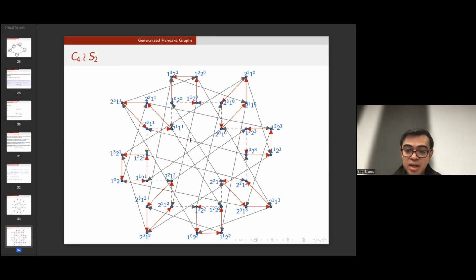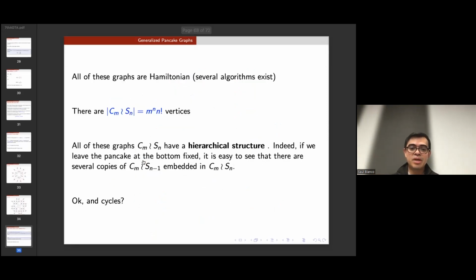But you can also leave character 2 with sign 1 fixed, and then you get this other square. So it doesn't matter. You just have to fix a character and a sign, and you get the same hierarchical or recursive property that we saw before, where you see the smaller graph, the graph with fewer pancakes, embedded in it.